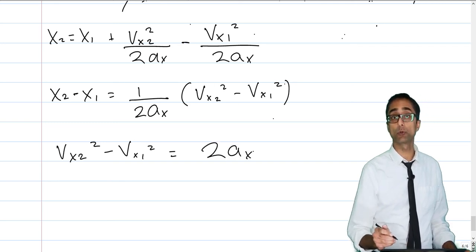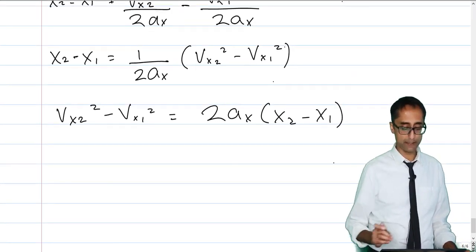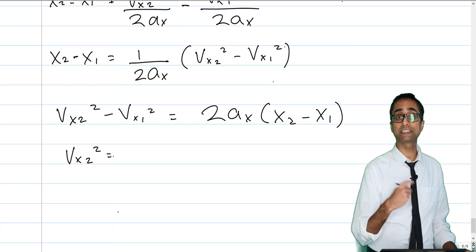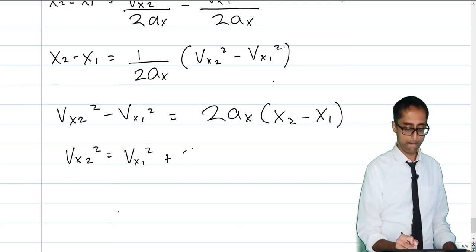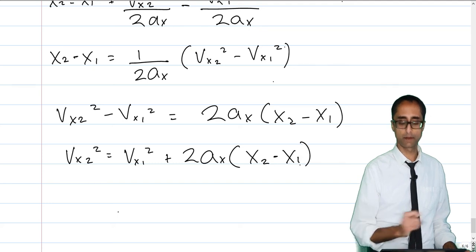and finally we'll write this in its final form as the final velocity squared is equal to the initial velocity squared plus 2 multiplied by the acceleration multiplied by the change in position. Like so.